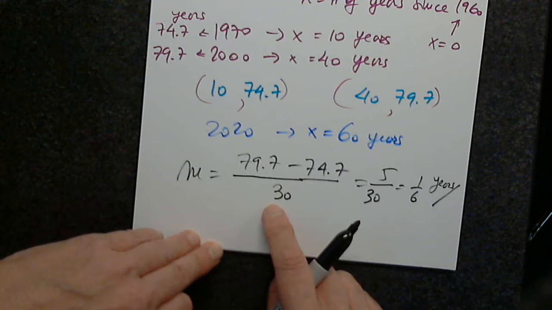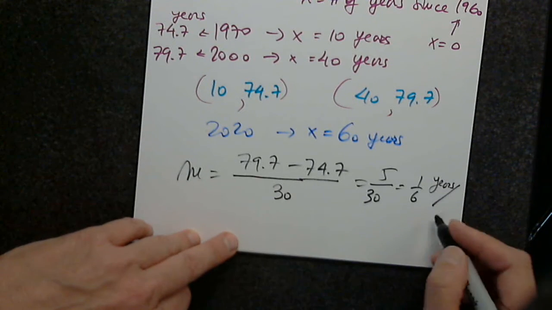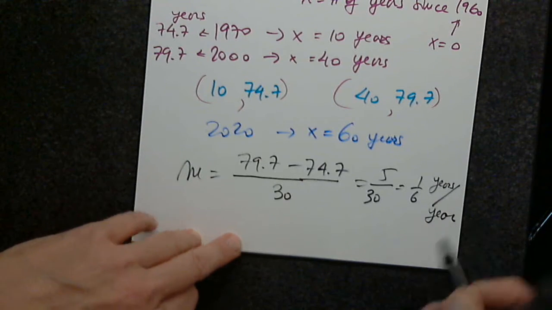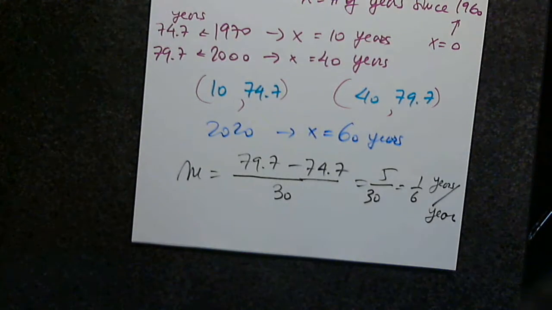What is the measurement unit of this? Exactly. Which means the life expectancy for women increases every year by 1/6 of a year because it's positive. It increases by 1/6 years per year.